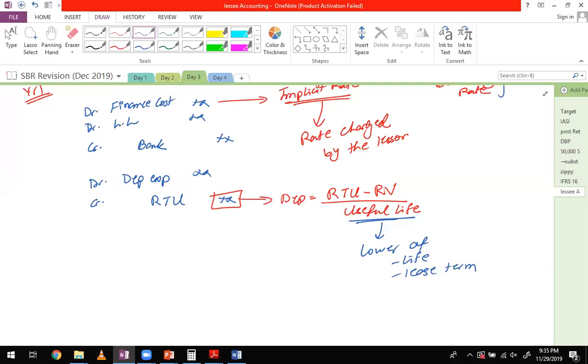Sarah is saying if you repeat the incremental borrowing rate. Sarah, incremental borrowing rate means the rate that, if the lessee goes to, let's say, any bank and asks for a loan of the same amount as the asset taken on the lease, then what exact rate the bank would charge. So the rate that the bank actually charges is called the incremental borrowing rate.